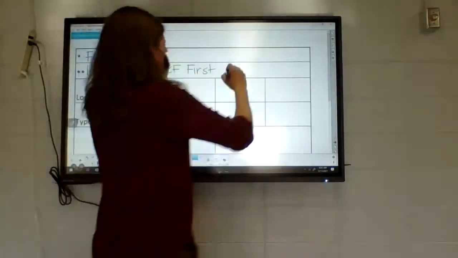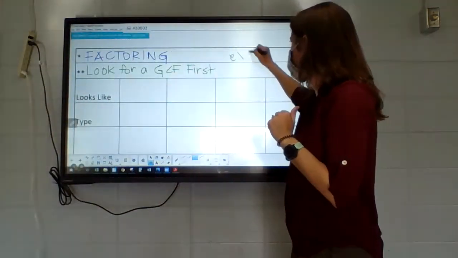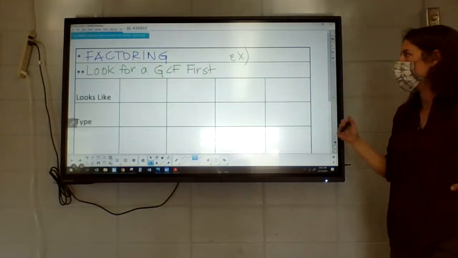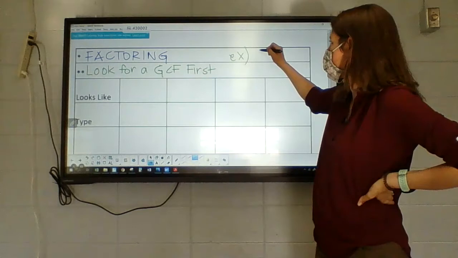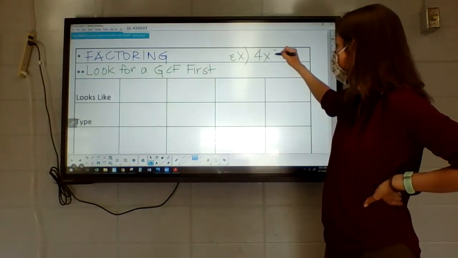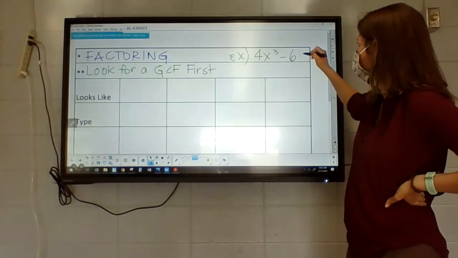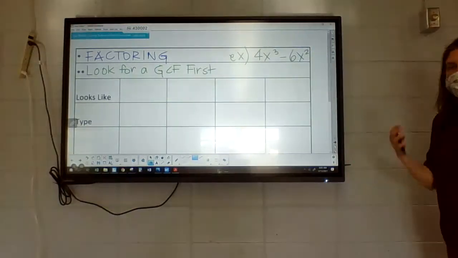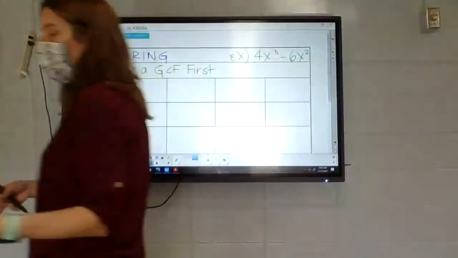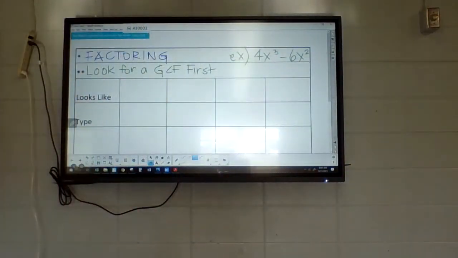I'm going to do a little example of GCF factoring up here. Before I even try to get into any of these types, I would try to find that GCF first. So like a problem like this, before you try to do any of these four different types we're going to talk about, look for that GCF. Or even a problem that looks like it should be a certain kind, you still want to check for a GCF first.